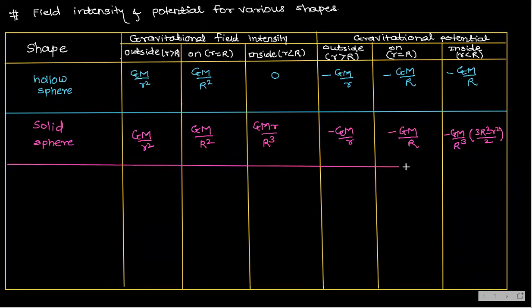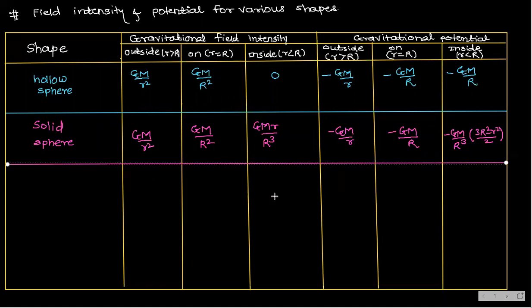Next one is ring. And for ring, what is the first formula? Outside ring means GM small r divided by R square plus small r square, whole power 3 by 2.